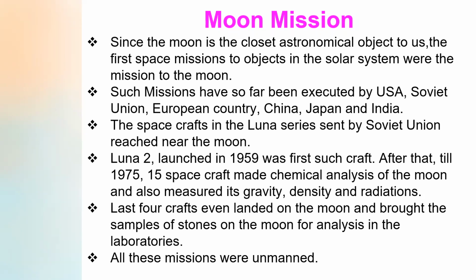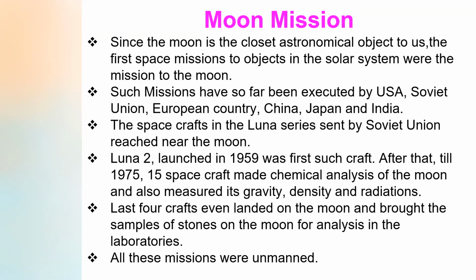Now see, Lunar 2 was launched in 1959. That was the first craft which was launched there. And after that, till 1975, how many spacecraft were launched? That is 15 spacecraft, which made a chemical analysis of the moon and also measured its gravity, density, and radiation.